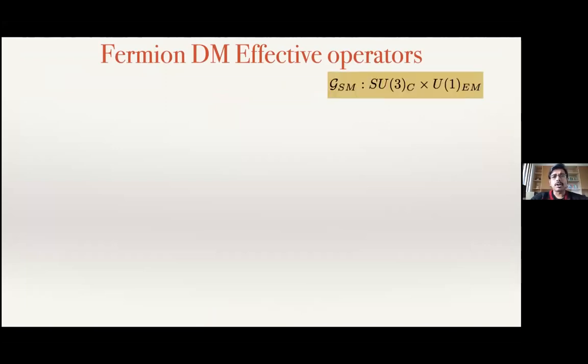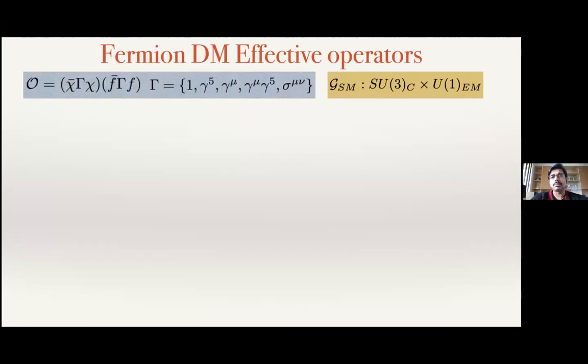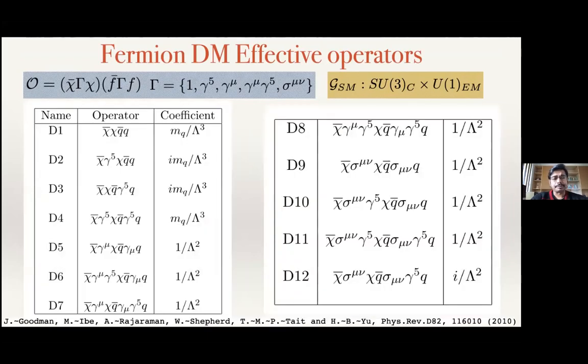All right. Just to tell you a bit of historicity, the first attempt of building this kind of dark matter was done by this team: Goodman, Ibe, Rajaraman, Shepard, Tim Tait, and Haibo. They considered the standard model to be the low energy theory, including U1 electromagnetism, essentially SU3C cross U1 electromagnetism.